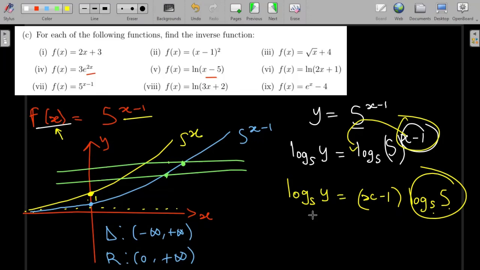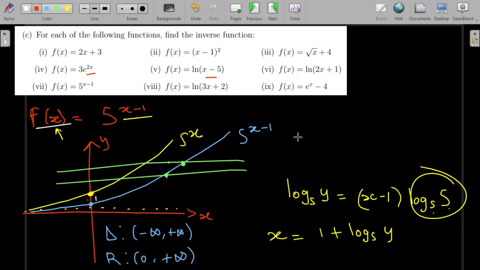So I just have log base 5 of y equal to x minus 1. It means my x will be equal to 1 plus log base 5 of y. We write it in terms of an inverse: f inverse of x is equal to 1 plus log base 5 of x.